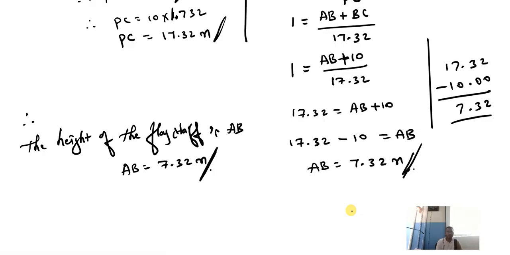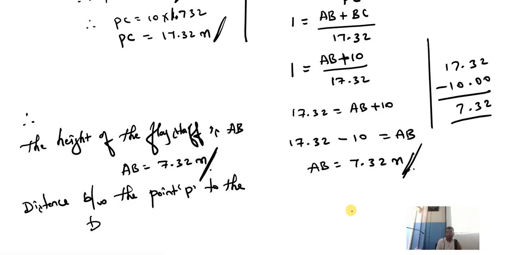And what is the distance between the point P and the building? The next point: the distance between point P and the building is PC. Therefore, PC is equal to 17.32 meters.